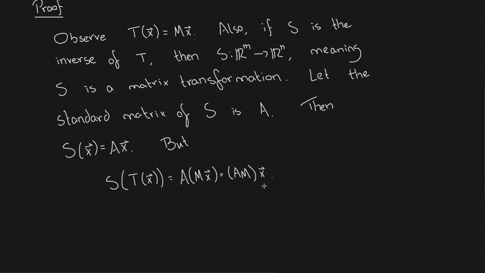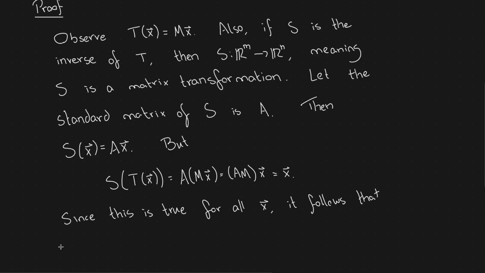And this just equals x because S and T are inverses, right? Now this holds for every possible vector x. Since this is true for all x, it follows that A times M must be the identity matrix.